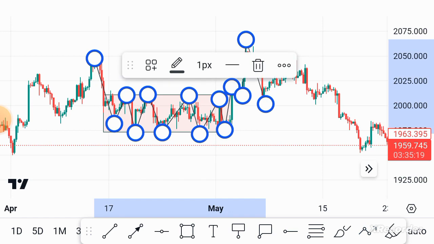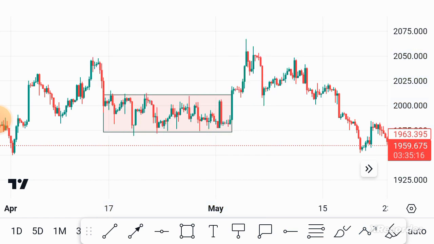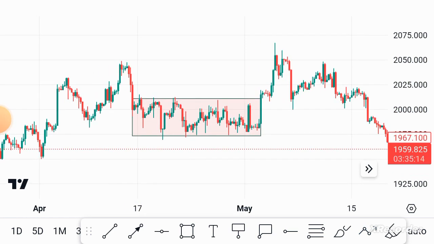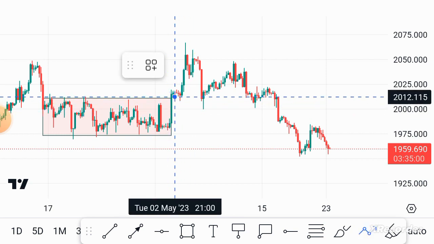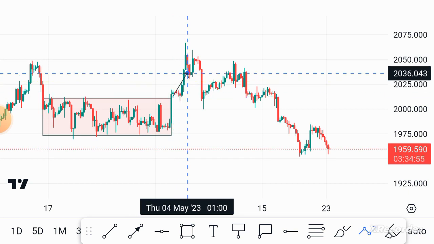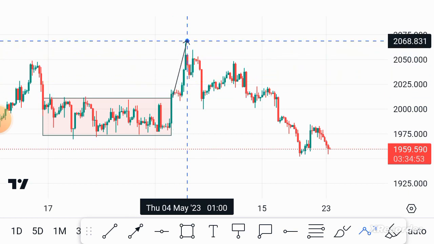The next thing we are going to look into is a downtrend. I have a very simple and clearer example of it right here. This is how a downtrend looks like. After price broke this range, it came all the way to this point here.